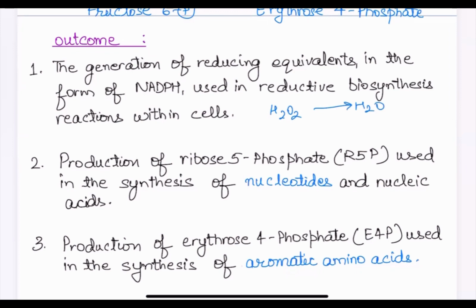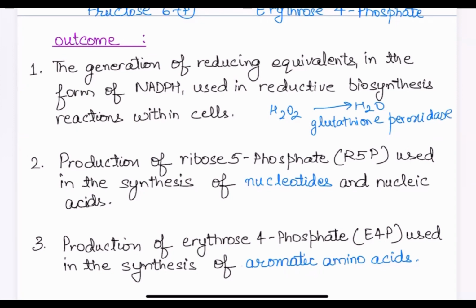For conversion of the free radical H2O2 into H2O, an enzyme called glutathione peroxidase is required. If this enzyme is deficient, H2O2 would be converted to hydroxyl free radicals.